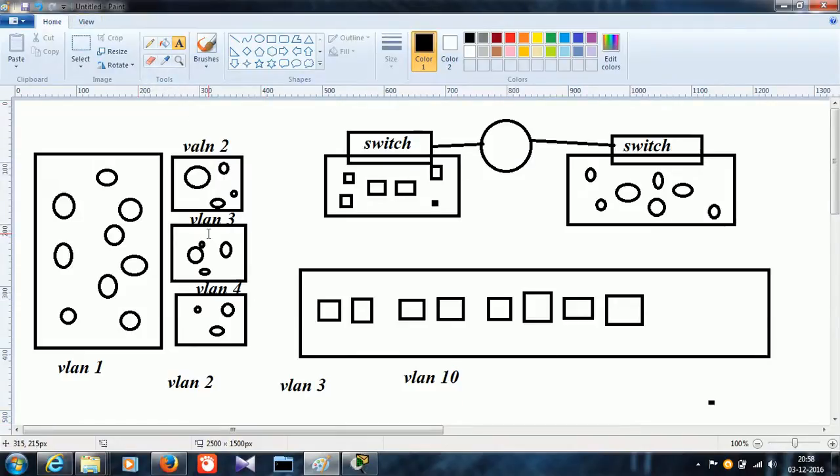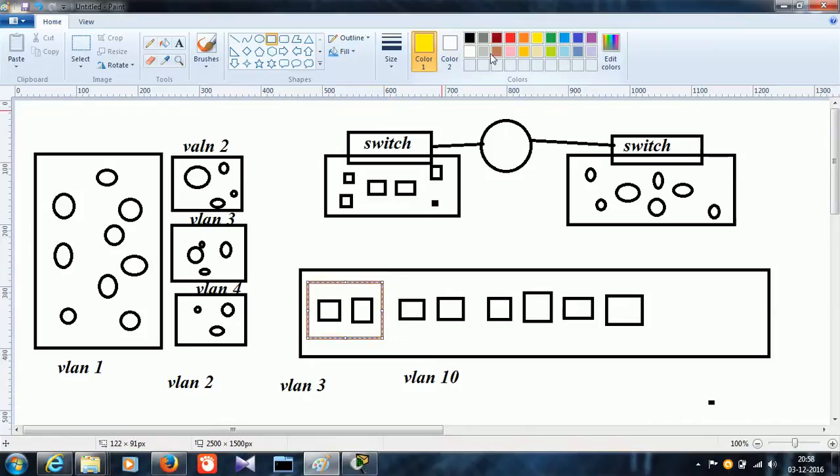After that, what I'm going to do: instead of students, here we are talking about the ports. So what are the ports I need to assign to that particular VLAN, that I will decide. For example, if these are the ports that I want to assign to VLAN number 2, first I will create the VLAN, then I will assign these 2 ports to VLAN number 2.